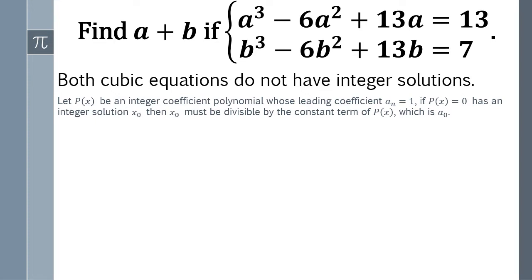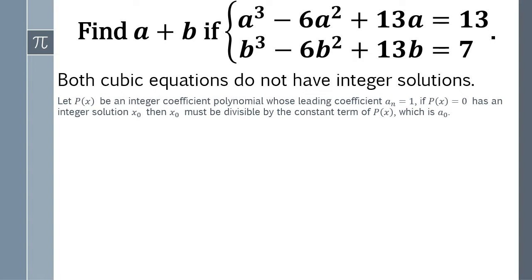In other words, if any factor of a0 is not a solution to this polynomial equation, then that means this polynomial equation does not have any integer solutions. This lemma is very useful to judge if a polynomial equation has an integer solution.